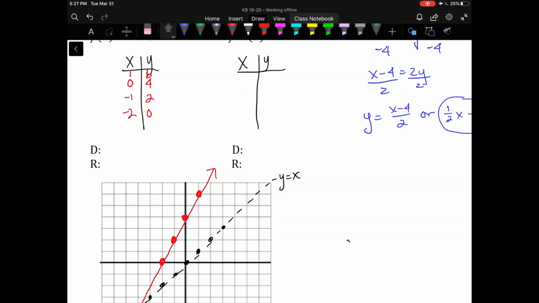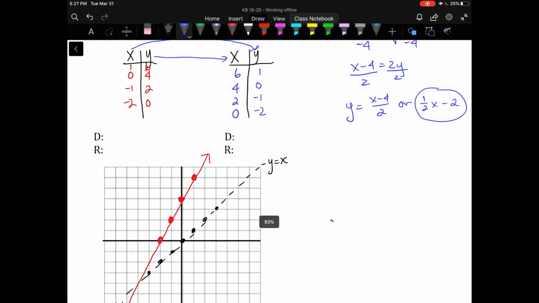So when we flip-flop it, let's go with blue, you would have 6, 4, 2, 0 in your x. So your y goes to your x, and then your x's go to your y. So 1, 0, -1, -2.